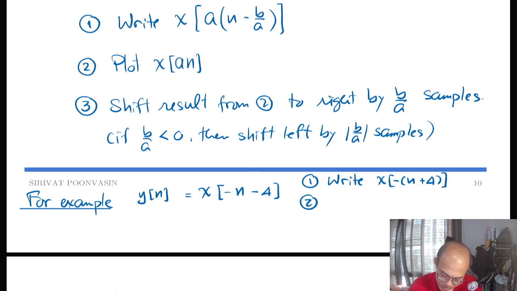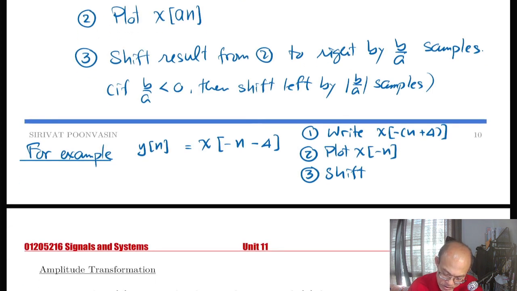The second step is to plot x of minus n. The third step is to shift whatever you have to the left by 4 samples. Okay, then you're gonna get the plot of y. All right.